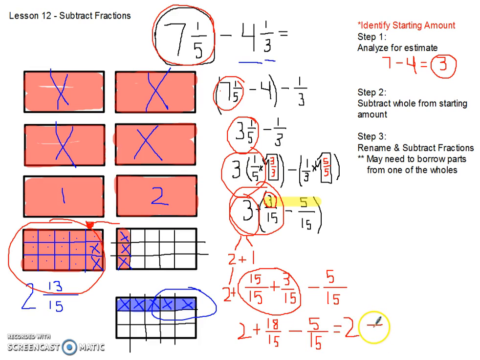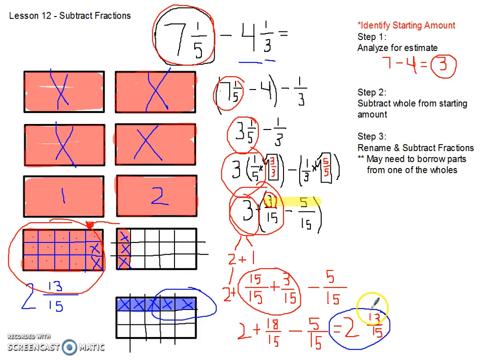Our sized parts are 15 per whole. And I had 18, and I take away 5, and I'm left with 13. 18 minus 5. So you'll notice that both ways, 2 and 13/15 and 2 and 13/15 is the same.